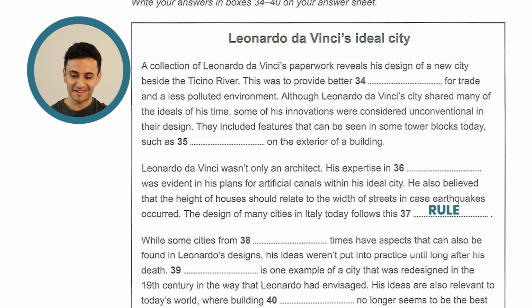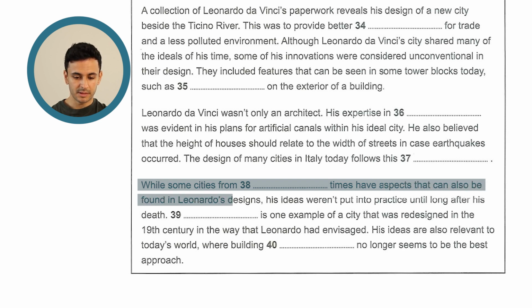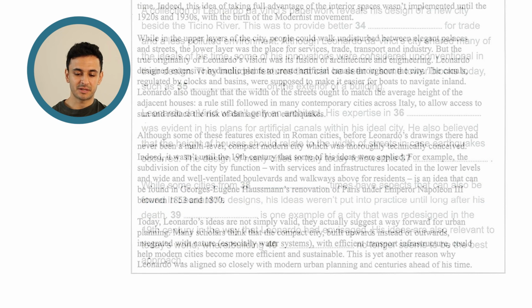You see, I think it's pretty straightforward. Now if I continue, while some cities from blank 38 times have aspects that can also be found in Leonardo's designs, his ideas weren't put into practice until long after his death. As I mentioned, you should always try to scan with the first sentence of the paragraph.